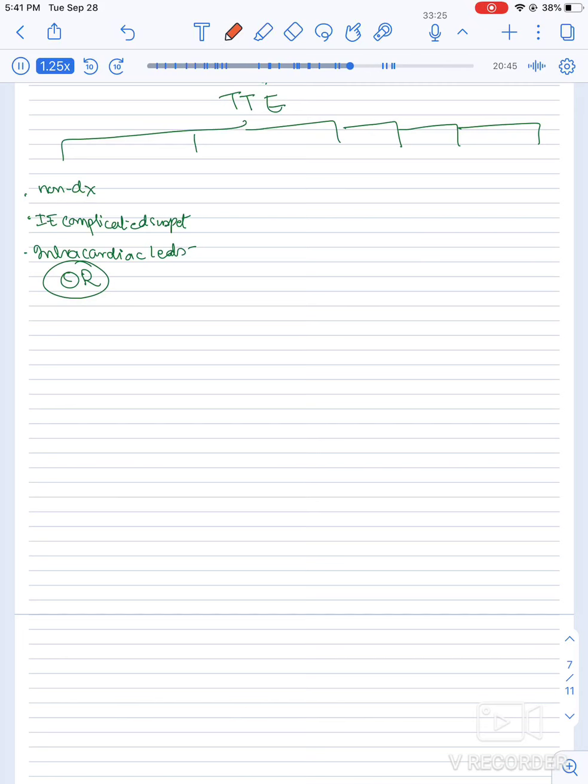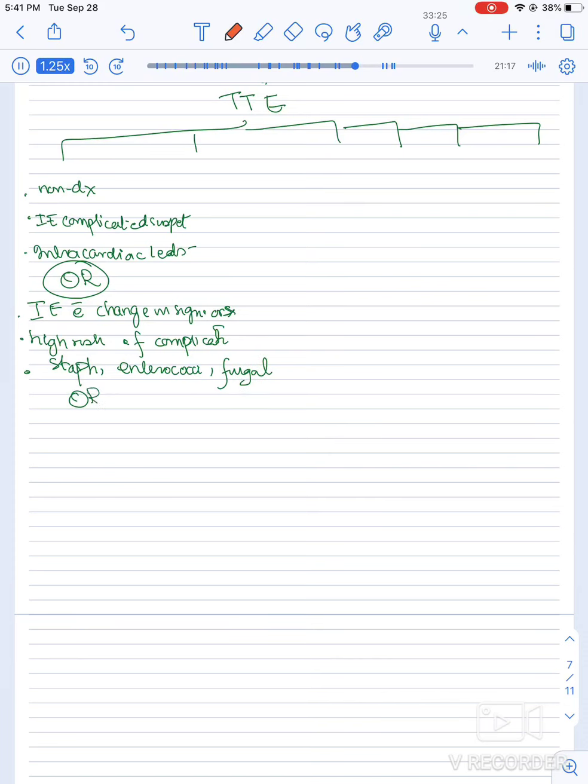Or if there is infective endocarditis with change in signs or symptoms, if there is high risk of complications, or if there are microorganisms which can include Staph aureus, enterococci, or fungal infections. All of these things we have discussed earlier as well.